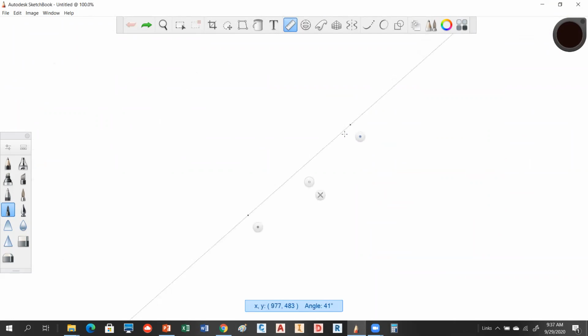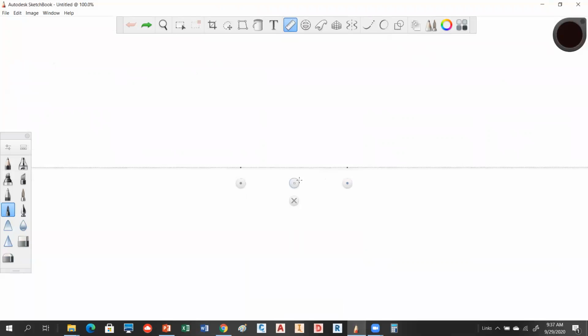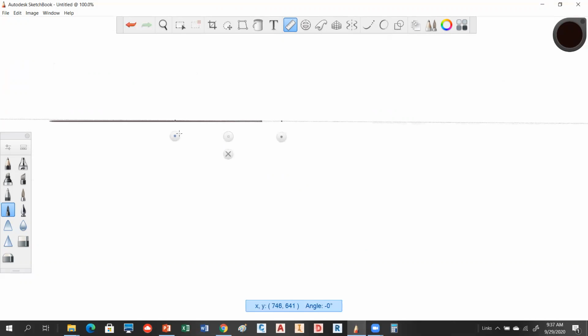Okay, so the first thing I got to do is draw this so we can get our reaction. So let's go ahead and get that going. This thing's got a lot of geometry associated with it, so you have to be real careful with it. What page is this on in the book?